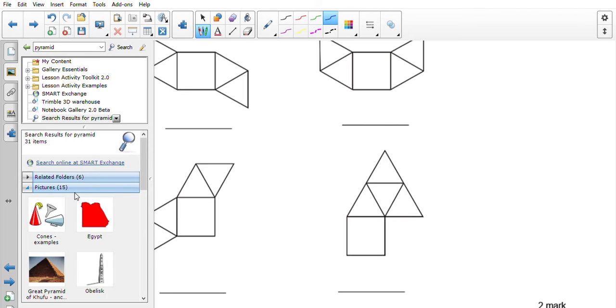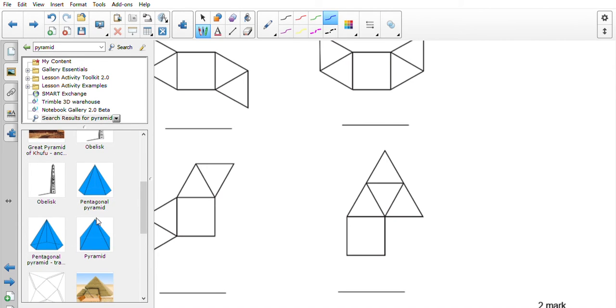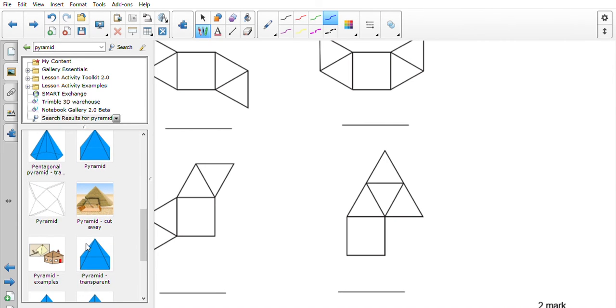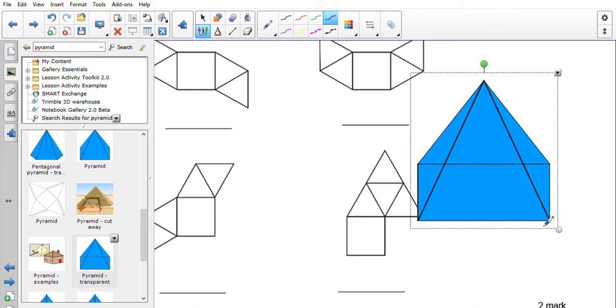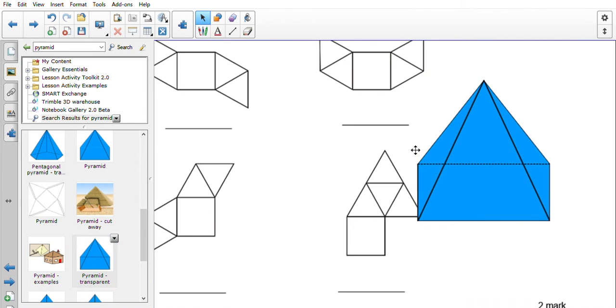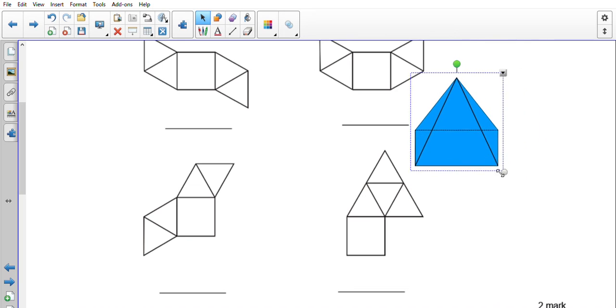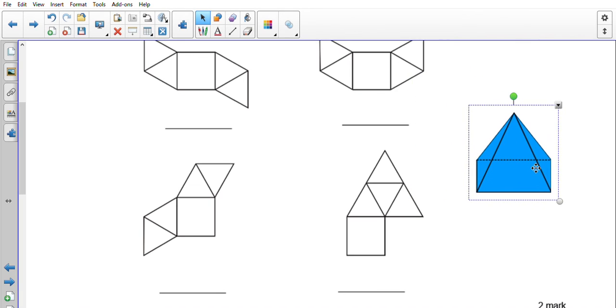I don't really like this one. I think the perspective's all wrong, but it will do for now. And think about that. The 4 triangles all meet together at the top. Okay, and then there's 1, 2, 3, 4 faces to join together here.